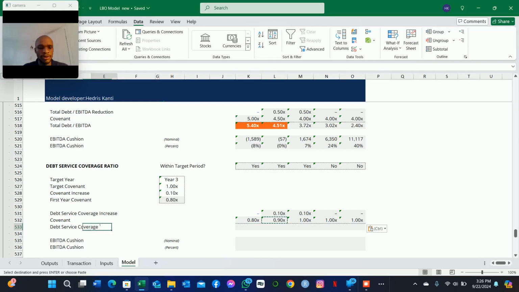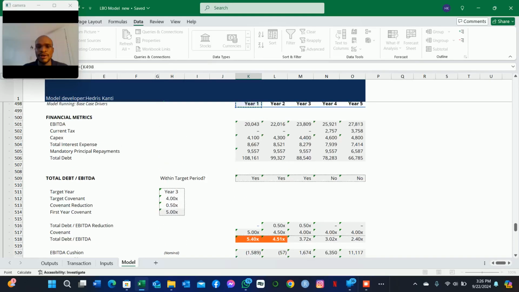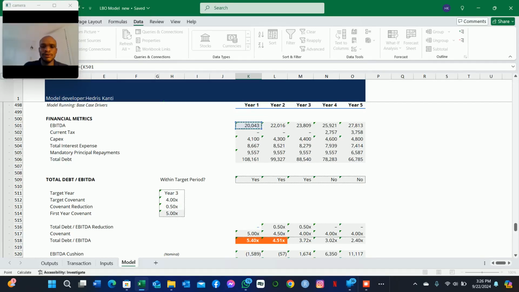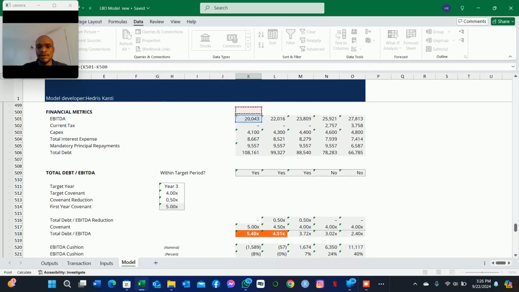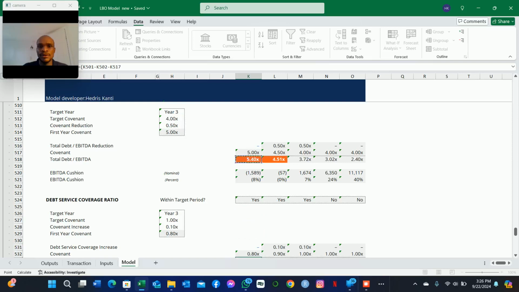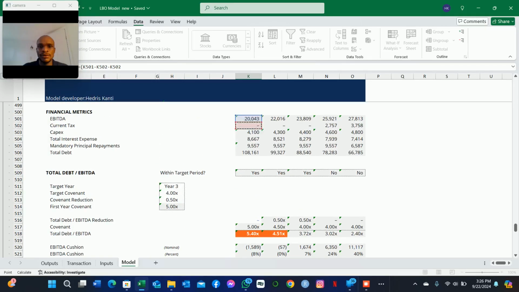For the debt service coverage ratio, in this case, it's going to be equal to open brackets. We take into account whatever the EBITDA was, and then we deduct any cash taxes. And then we deduct our capital expenditures.